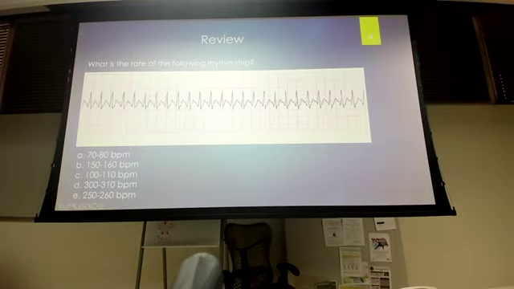What about this? Gardner-Boswell. Okay, ma'am, what do you think the rate is on this? Pretty fast, huh? So again, we talked about the counting method, the 6-second method, the 10-second method. You certainly could use a 6-second method here, but we have to count all of those R waves.